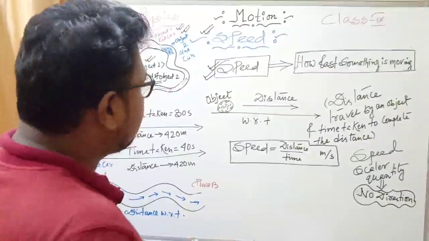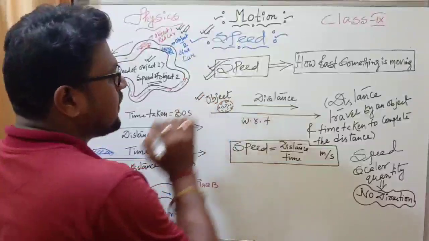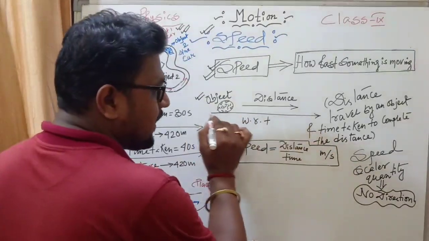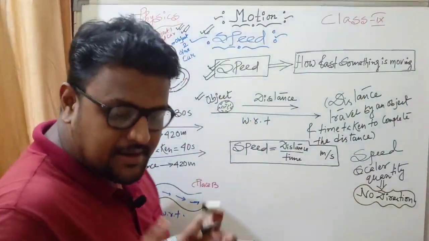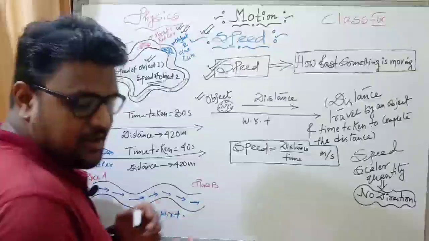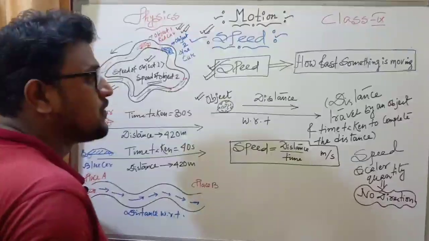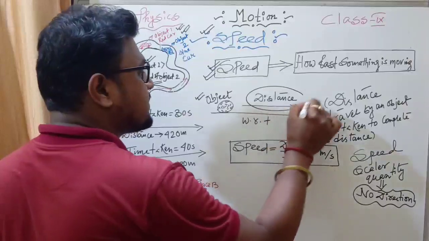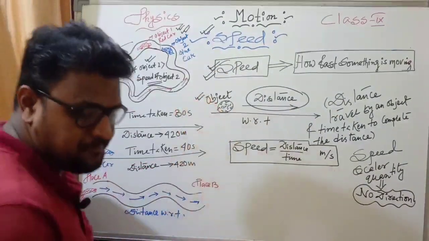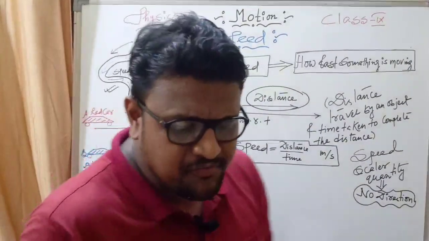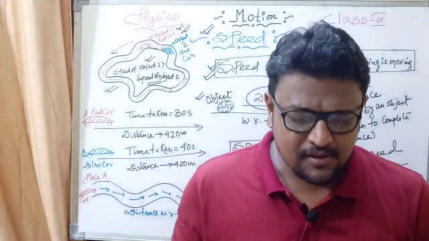Let us consider an object moving along a straight line. That is the concept of distance with respect to time.